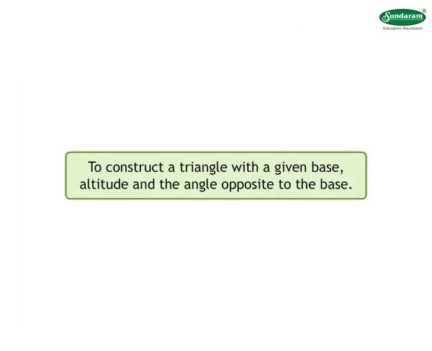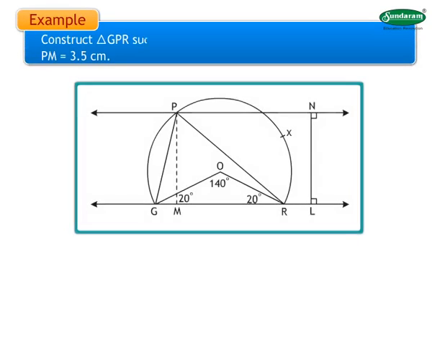Now let's see how to construct a triangle with a given base, altitude and the angle opposite to the base. Example: construct triangle GPR such that GR is equal to 5.3 centimeters, angle GPR is equal to 70 degrees, PM is perpendicular to GR and PM is equal to 3.5 centimeters.